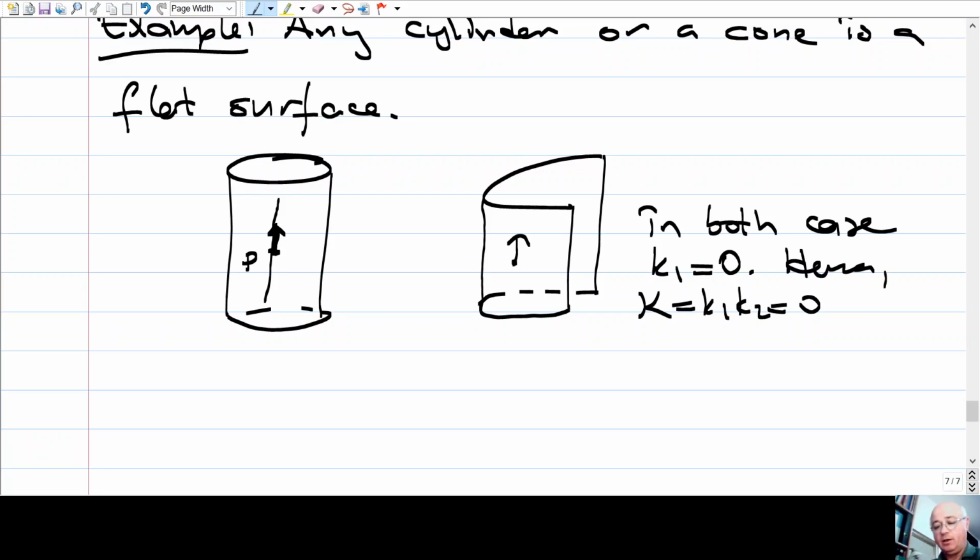It was flat, and I just do it like this, and it is still flat. Also, if you put it like this, now it becomes a parabolic cylinder. It is still flat, okay? But if you choose a ball, for example, no piece of the ball can be flattened, unlike a piece of a cylinder or cone.